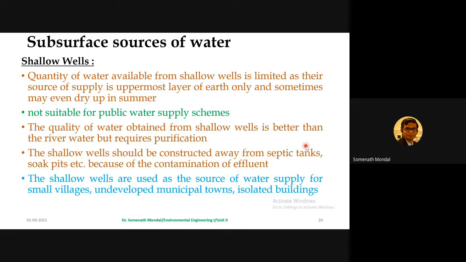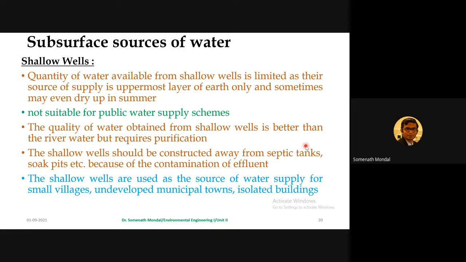But shallow wells are used as a source of water supply for small villages, undeveloped municipal towns, and isolated buildings. Mostly in the case of isolated buildings, shallow wells are a very popular source of water, though of limited supply and poor quality.